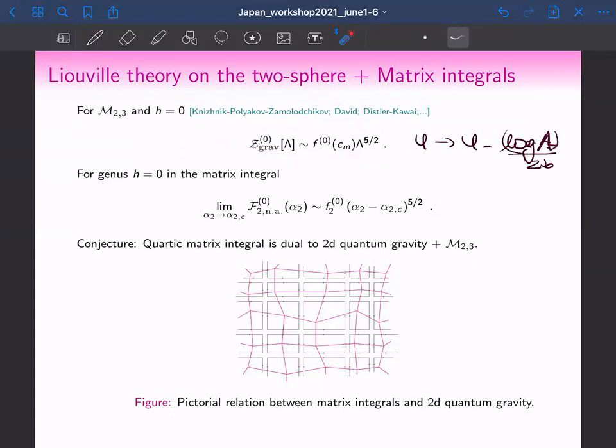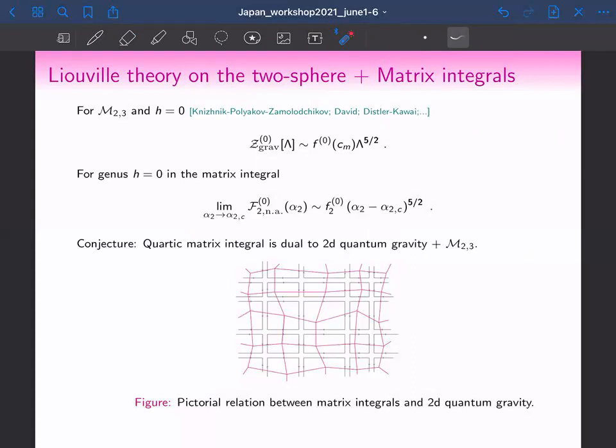And we remind, in the matrix integral, we also found this non-analyticity, this same critical exponent 5 over 2. So this was one of the first evidences towards this conjecture. And basically, it implies that the quartic matrix integral, this matrix integral with a Gaussian and the quartic interaction, is dual to two-dimensional quantum gravity coupled to this minimal model M(2,3).